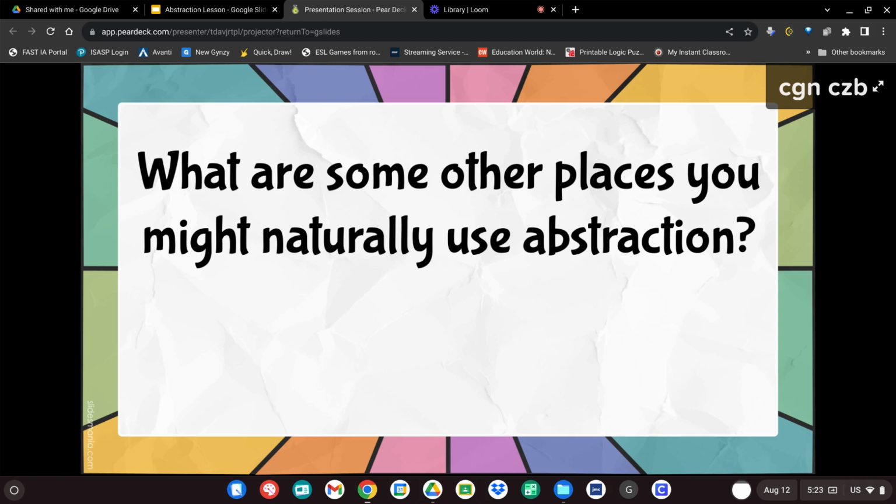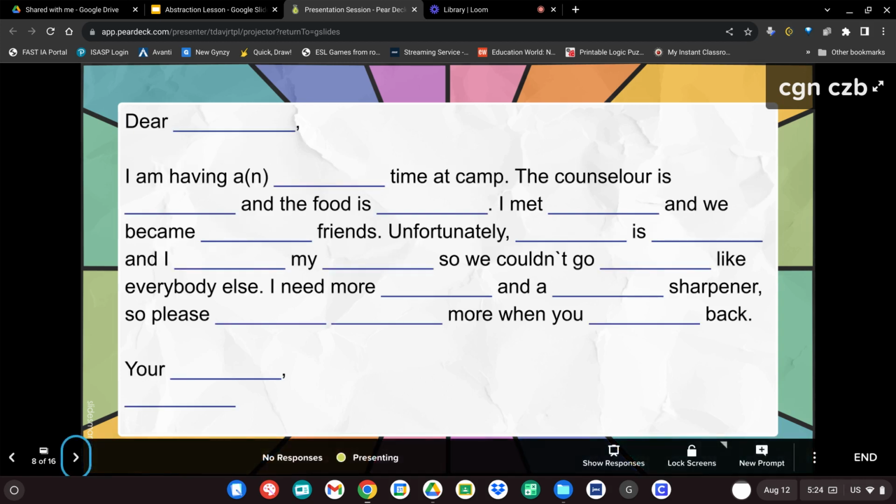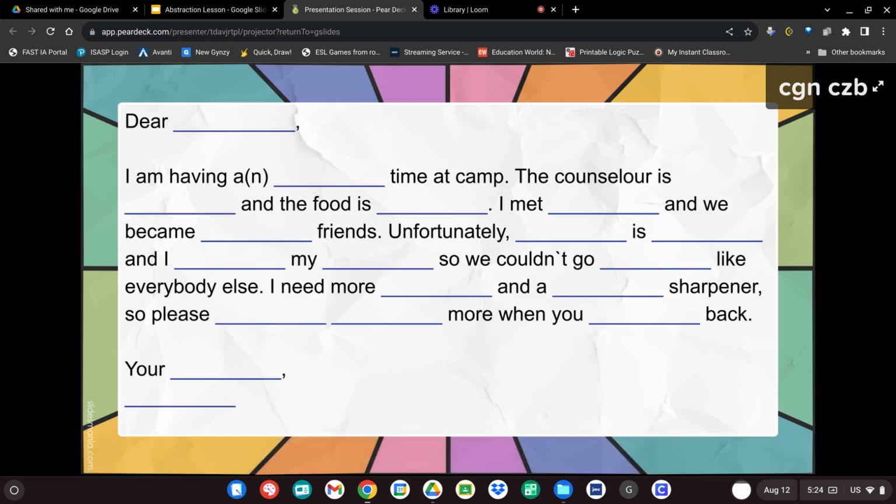Okay. So one thing that we've done several times in class, and you've probably done in other grades and other classes, that uses abstraction is Mad Libs. So on this slide, I have a Mad Lib.